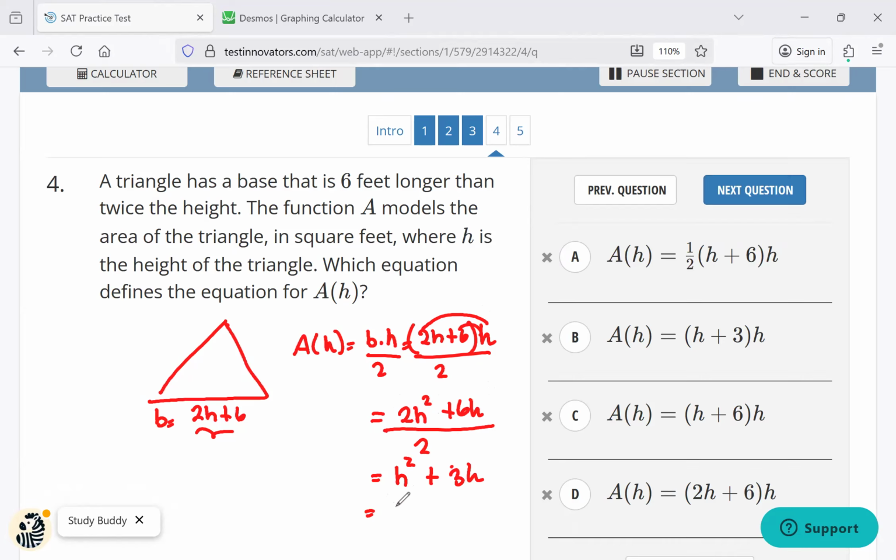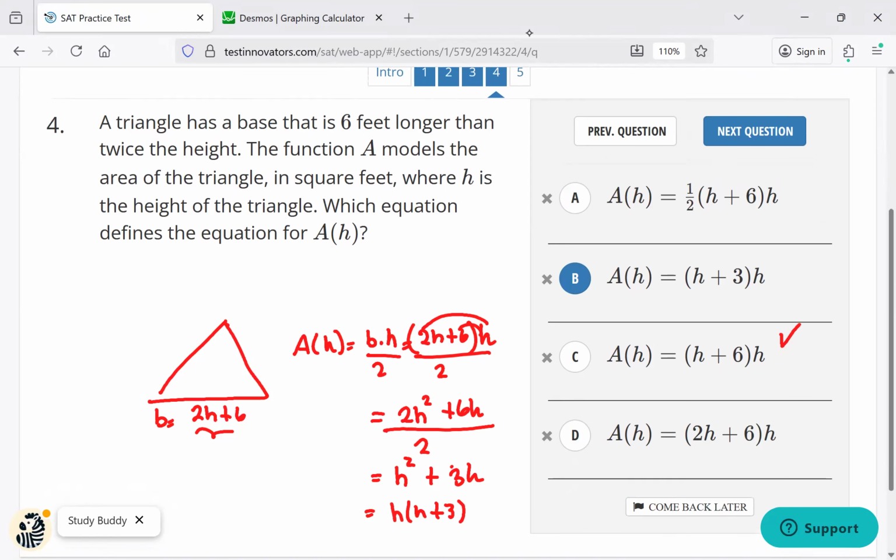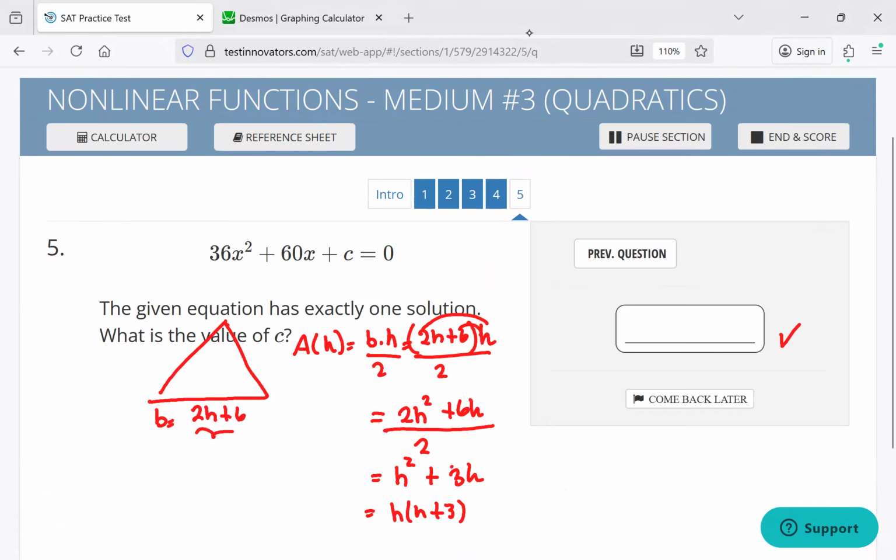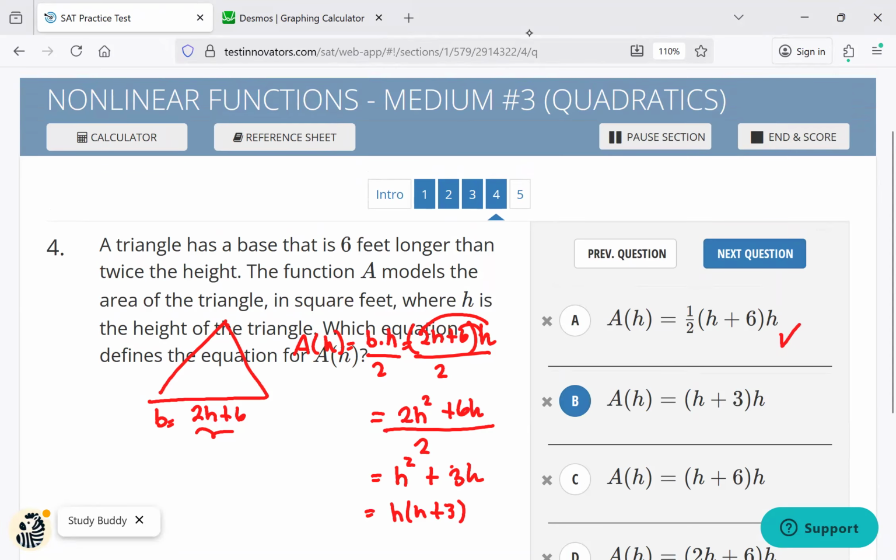And then you can factor out an h, so this is going to be h times h plus 3. So letter B. Oh, sorry, did you need that? Okay. So yeah, that would be letter B.